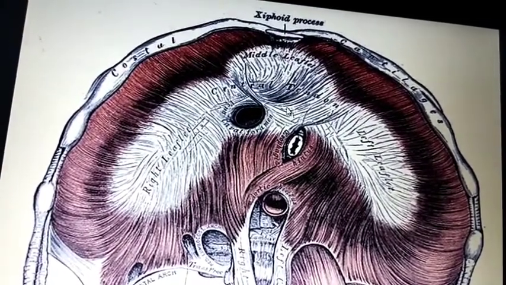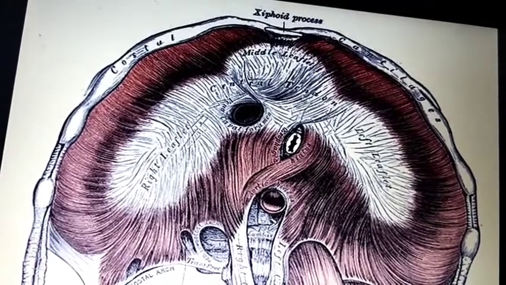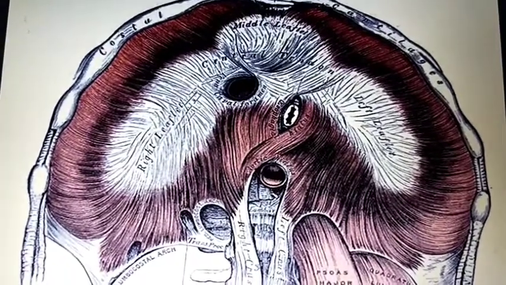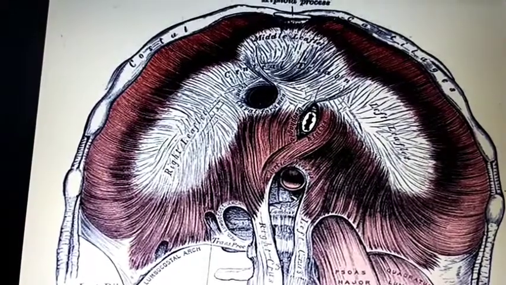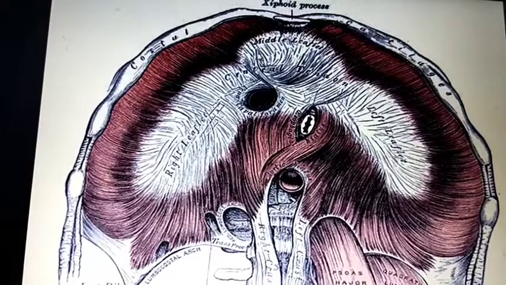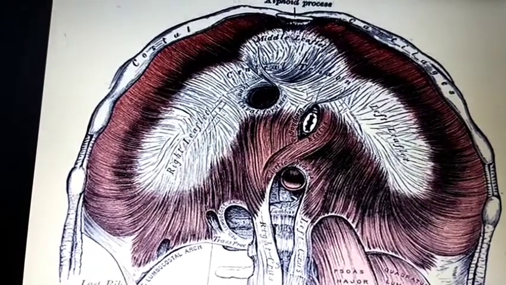Just above the esophageal opening, there is the central tendon. The central tendon looks diagonal in shape. This is the tendinous part, or insertion, of the diaphragm.